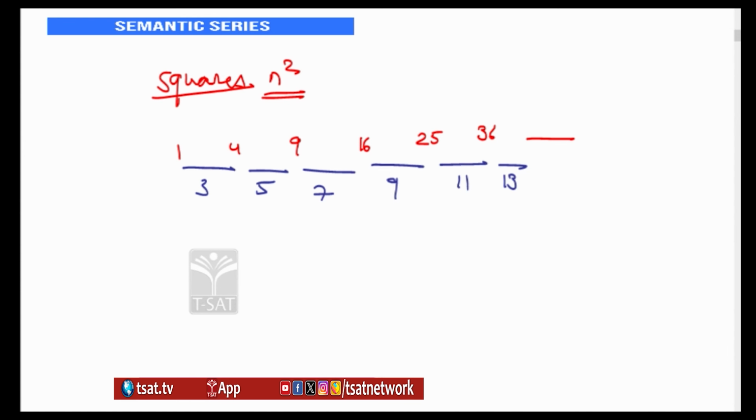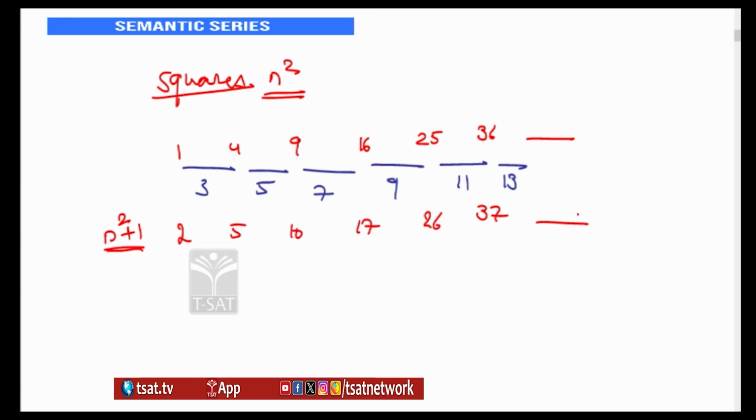In the examination, whenever you are unable to identify whether the series is in a square, a cube, or any other pattern, or in AP or GP, then generally you take the difference. Another format in squares is n square plus 1. The question will be given like 2, 5, 10, 17, 26, 37.